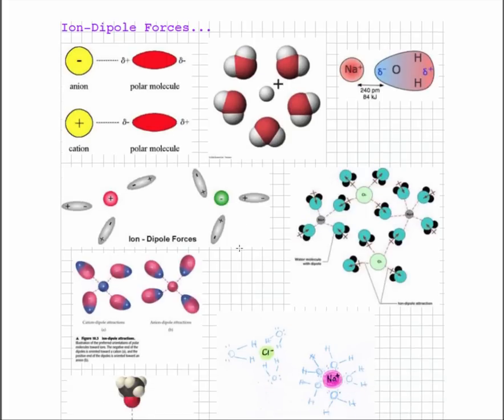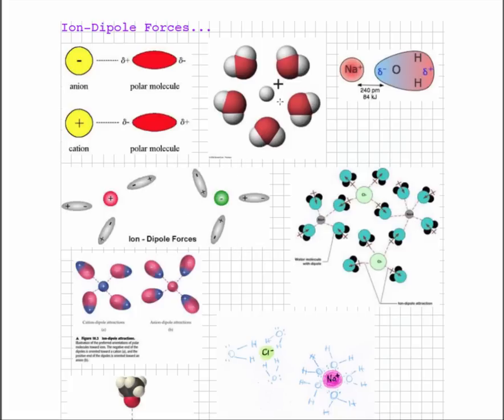The third interparticle force is ion-dipole forces, where I have an ion attracted to a dipole. It's of course what allows water to dissolve so many salts, so many positive, negatively held compounds. Water can't dissolve all salts, but most salts with reasonable lattice energies that are fairly easy to pull apart.